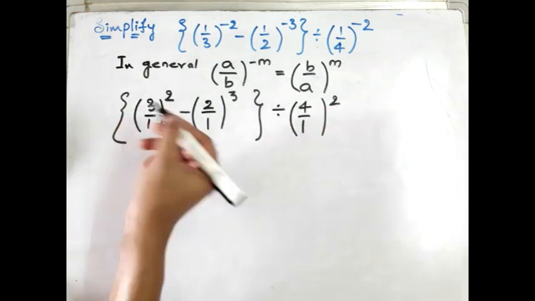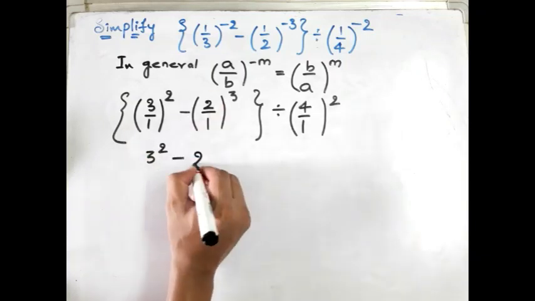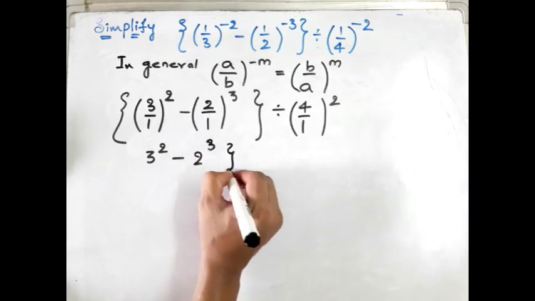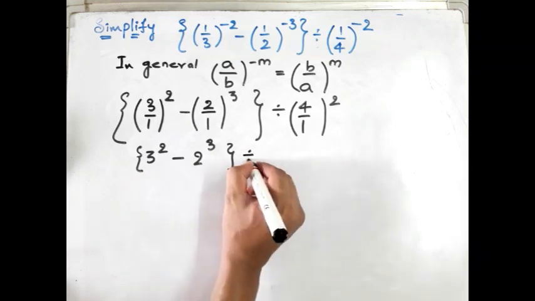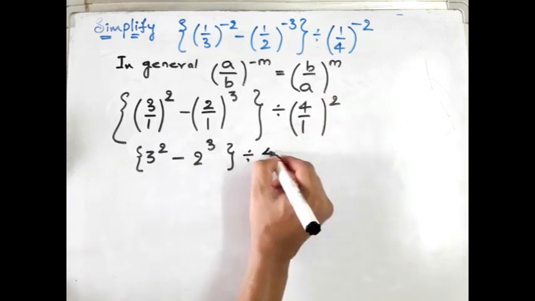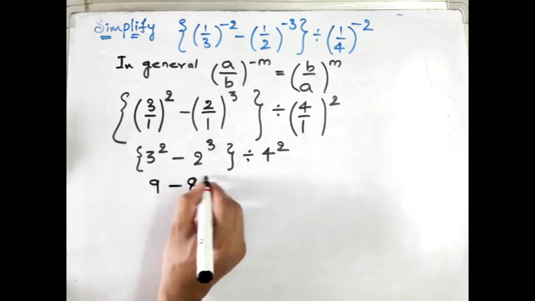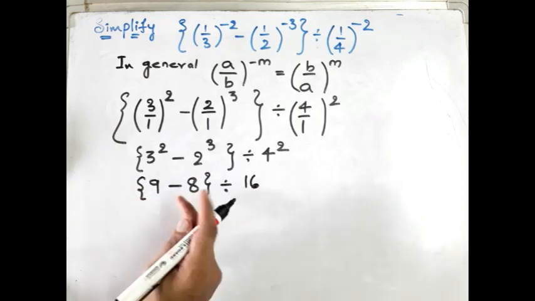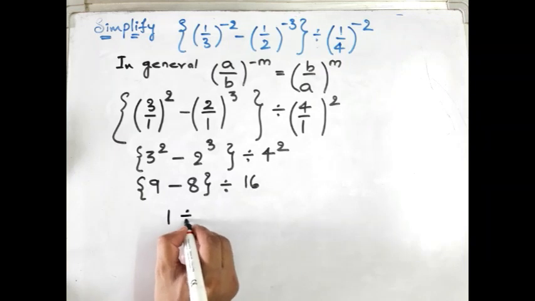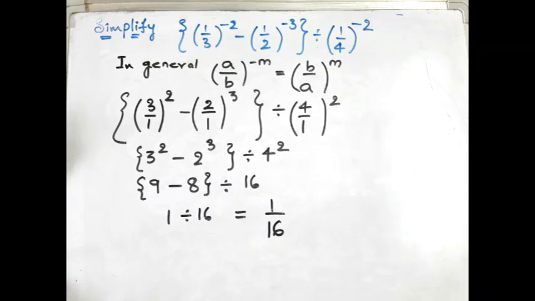So 3 by 1 is 3, so 3 square, minus 2 cube, as they gave in brackets don't split them, divided by 4 square. 3 square is 9, 2 cube is 8, and 4 square is 16. So 9 minus 8 is 1, divided by 16, which we can write as 1 by 16. So 1 by 16 is the answer.